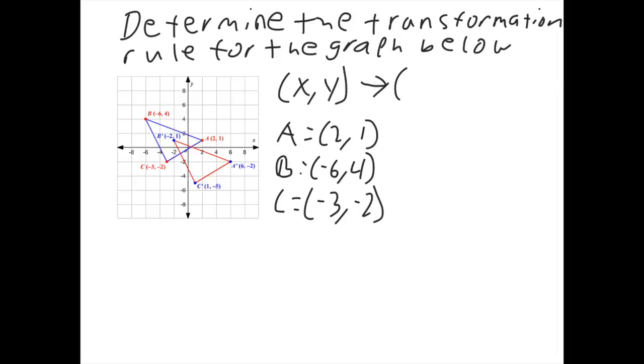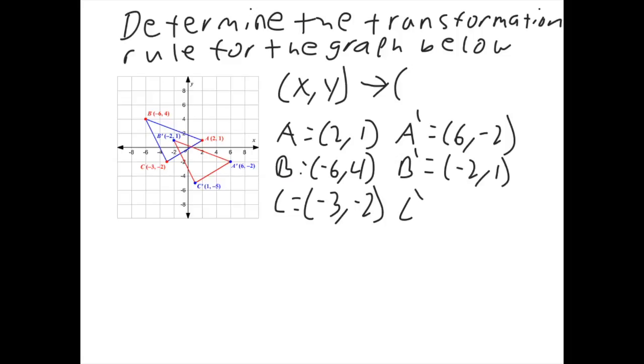And then our translated triangle, our image, is A prime, which is the point 6, negative 2, B prime, which is negative 2, 1, and C prime, which is 1, negative 5.